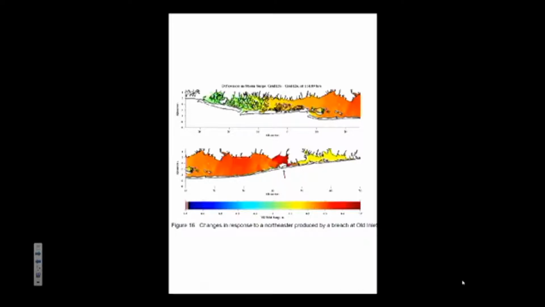And what is happening here with this large breach, the typical set down that you see under northeast winds vanishes. So Bellport Bay no longer sets down. You get coastal forcing, which fills Bellport Bay, and then you actually get an enhanced surge.